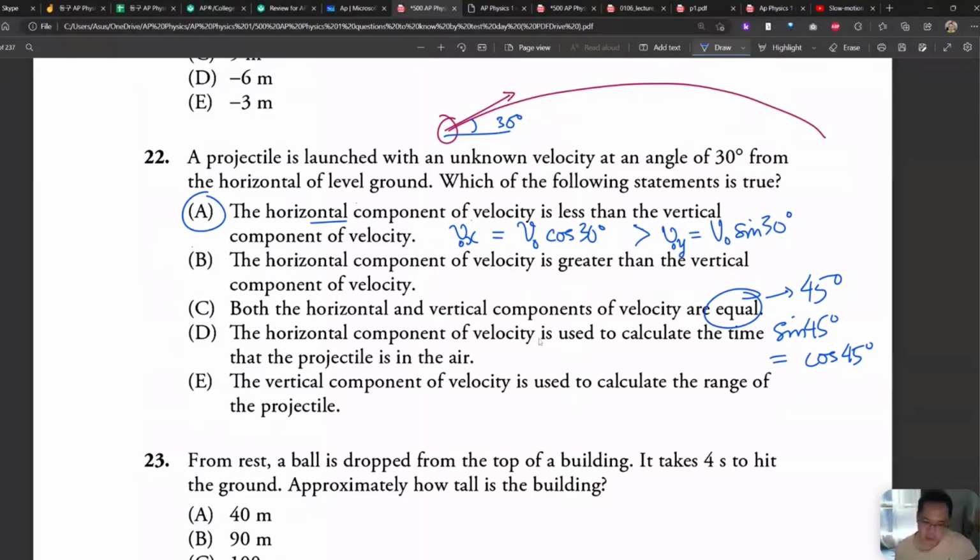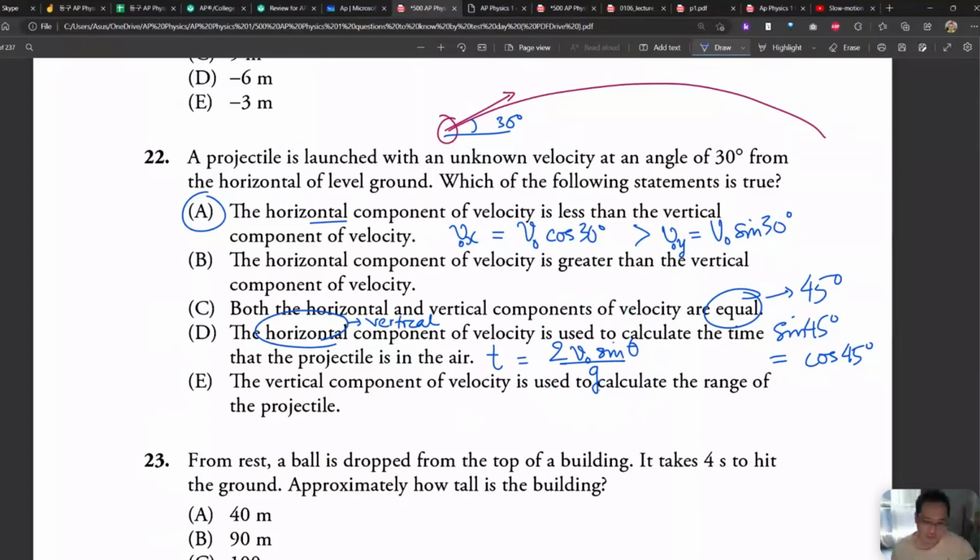The horizontal component velocity is used to calculate the time the projectile is in the air. No, the vertical, not horizontal. The time in the air is calculated by 2 times V initial multiplied with sine, the vertical component, divided by G. Because I have done this problem for 10 years, thousands of questions, I remember the equation.